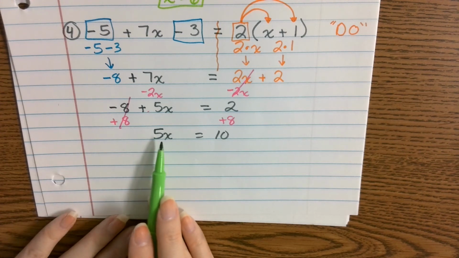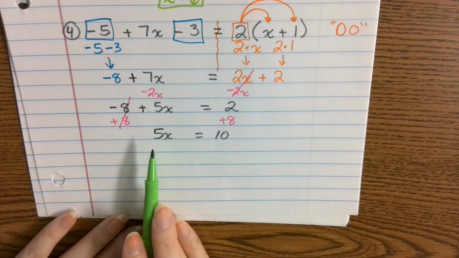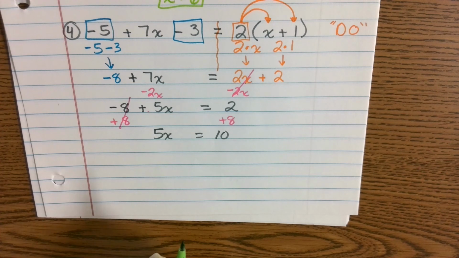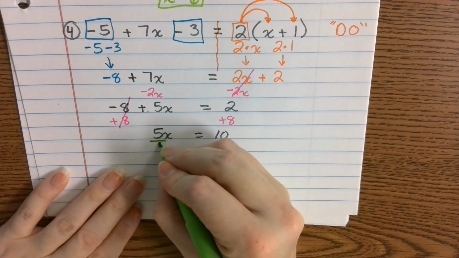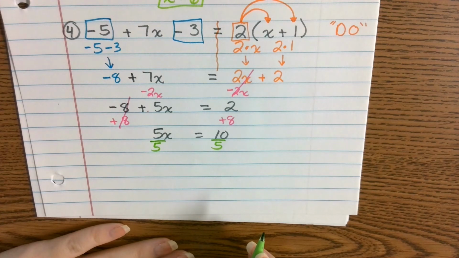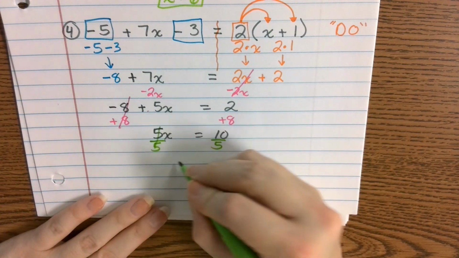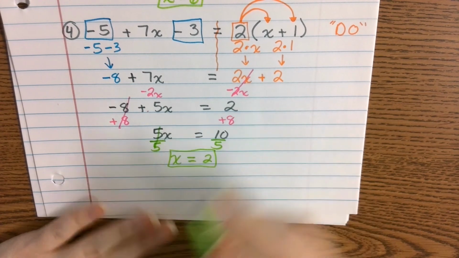So what's the inverse of multiplication? What's the opposite of multiplying? Division. Okay? So we're going to divide both sides by 5. You're going to get x is equal to 2.